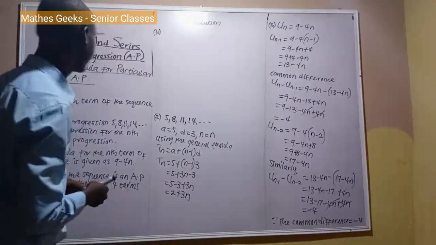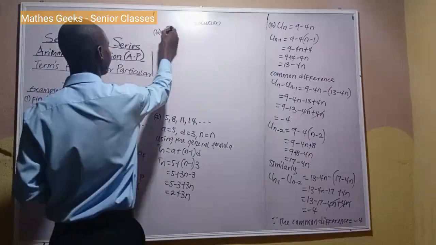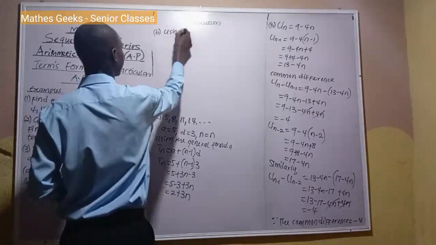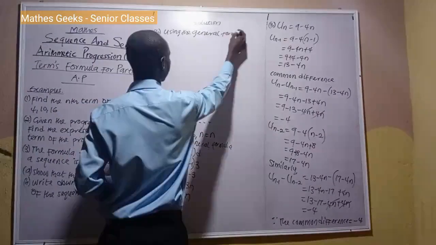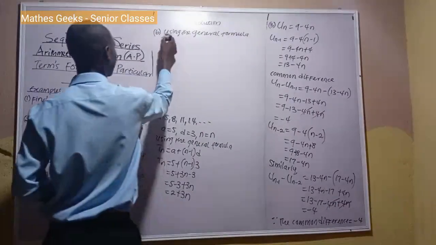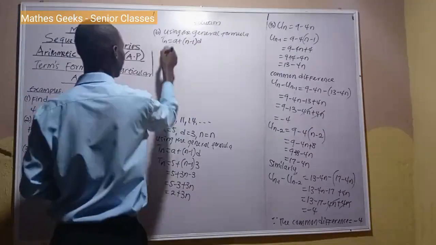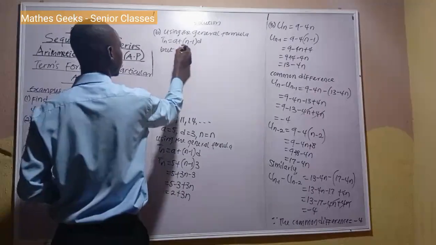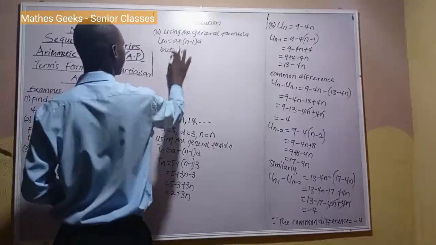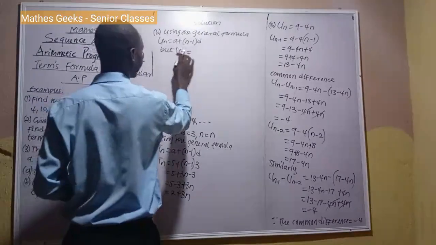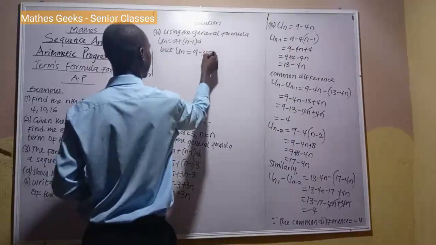So B, this is write down the first 4 terms of the sequence using the general formula. un is equal to a plus n minus 1 d, but un, which is the nth term, is given as 9 minus 4n.